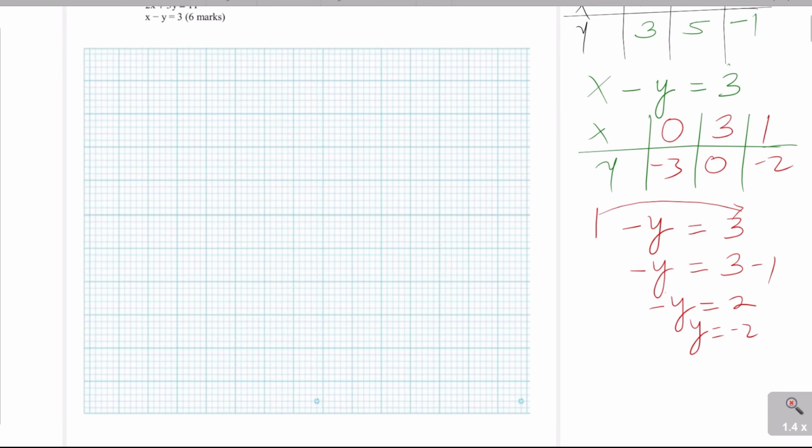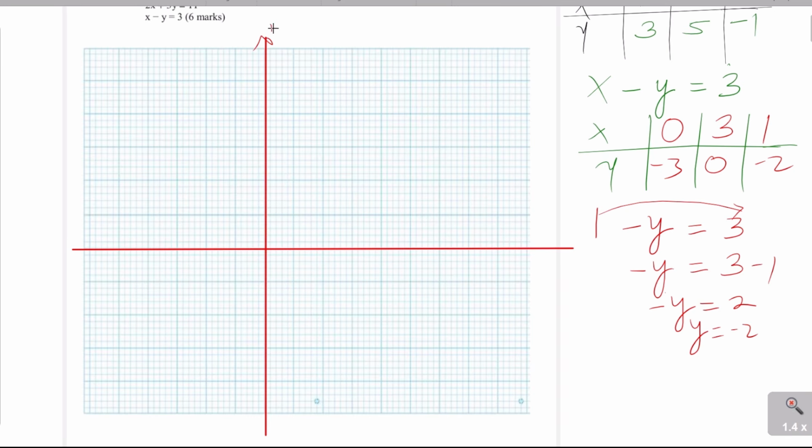So for me, I think when I draw it like this, it will be okay. When I draw my axis like that, this one should be the y-axis, and this one should be the x-axis.